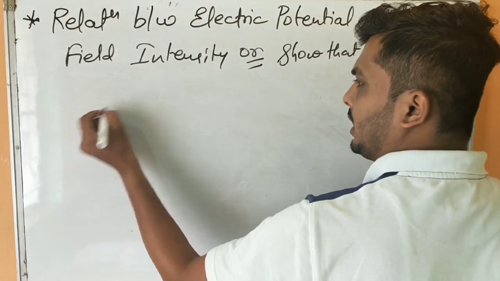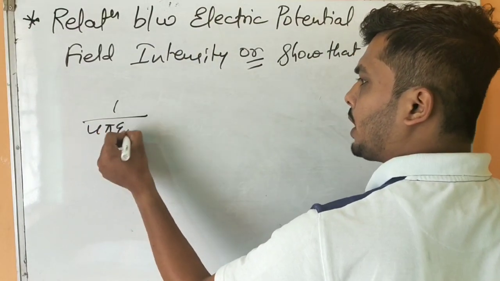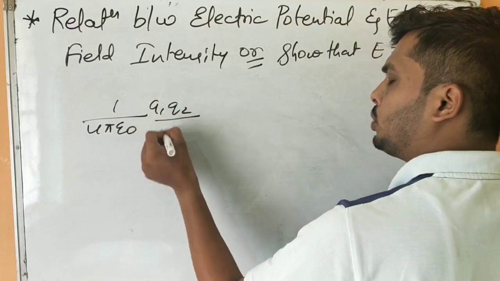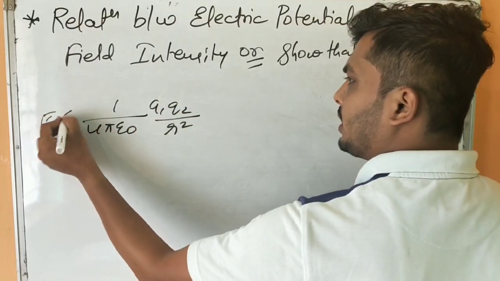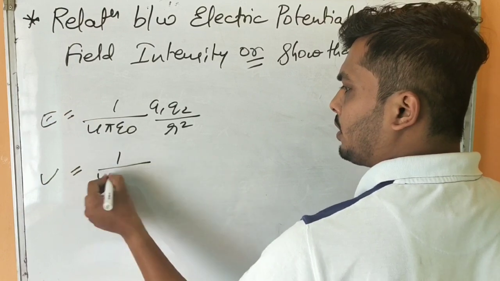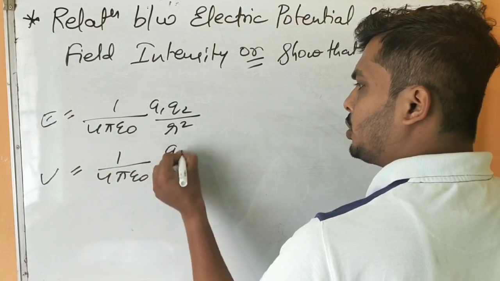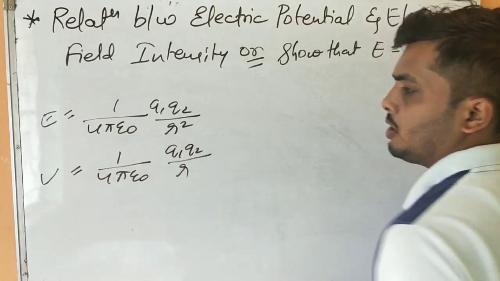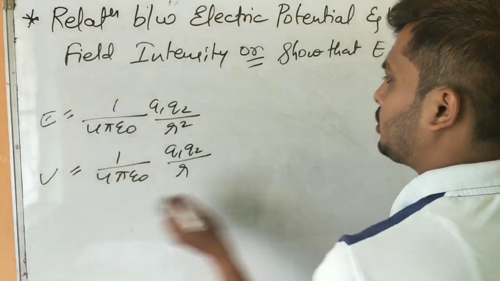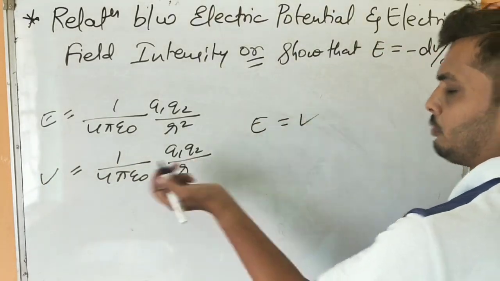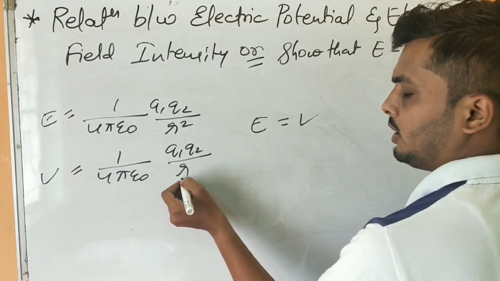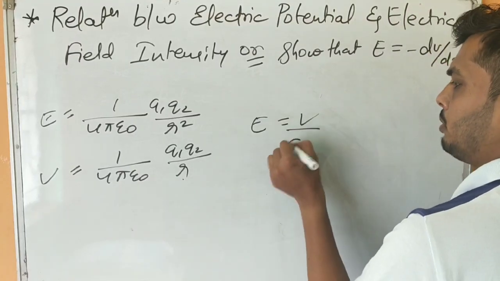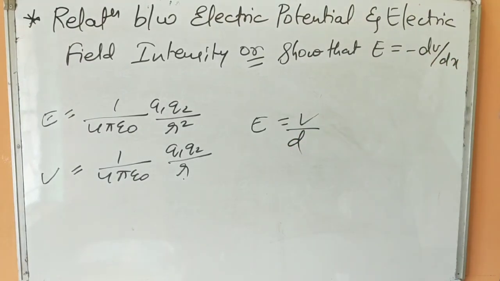Already we know that electric field is given by 1 upon 4 pi epsilon naught q1 q2 divided by r square. This is E, and V is given by 1 upon 4 pi epsilon naught q1 q2 divided by r. From these equations we can see that E is equal to V, but only thing is I have r square here and r here, so E will be equal to V by r.